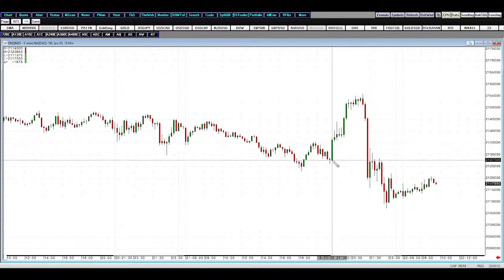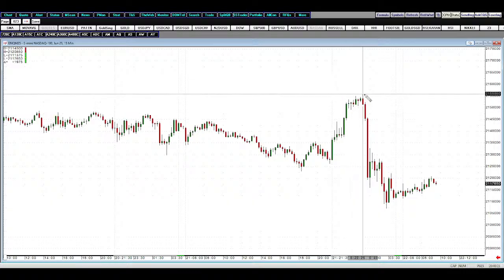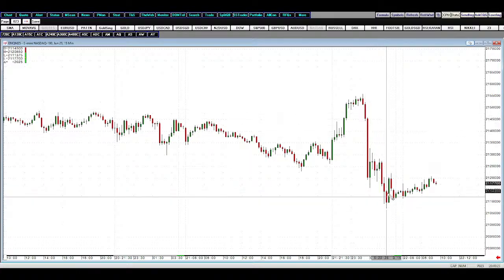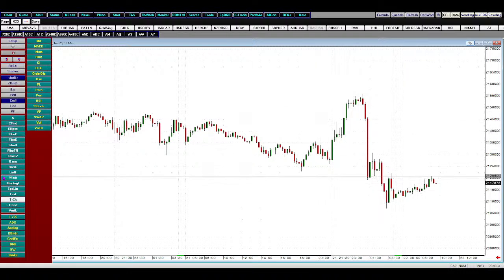If you see here, yesterday we shorted here at 21440. Then the price went up, then there was a big drop. This move is what we were expecting, but unfortunately it happened after we got stopped out.